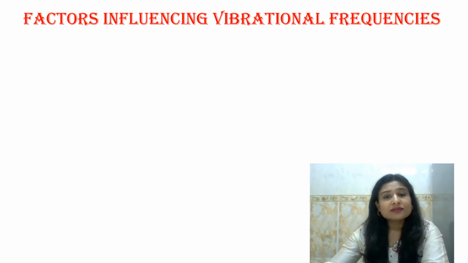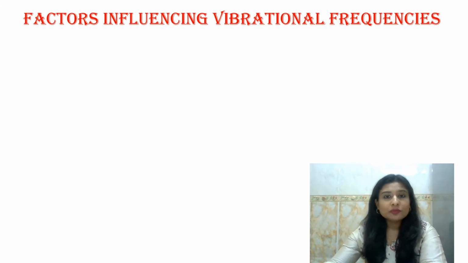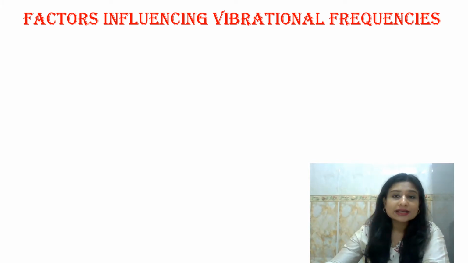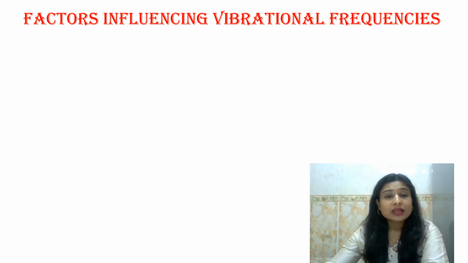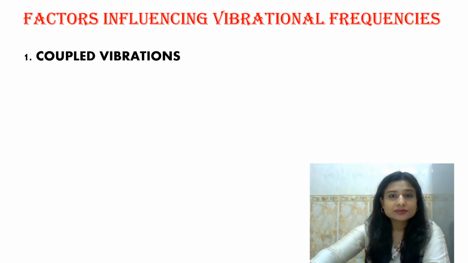The difference arises because of the influence of the structural environment of that bond. So now we look into some of the factors that bring about a change in the theoretical and experimental values of the vibrational frequencies. The first factor in that regard is coupled vibrations.